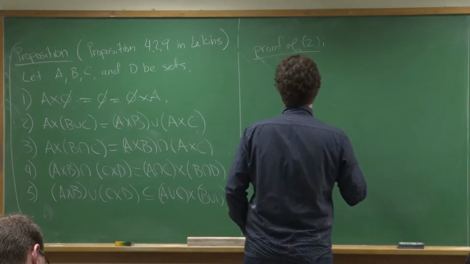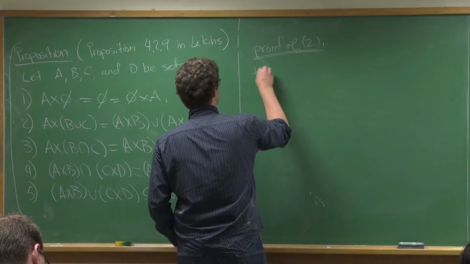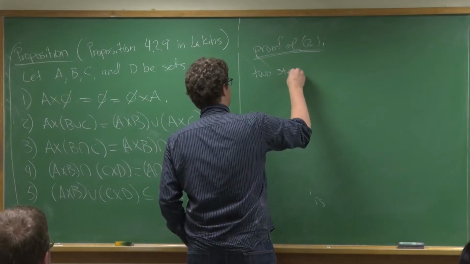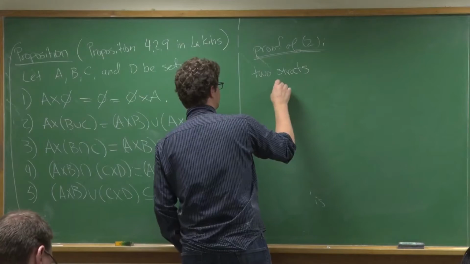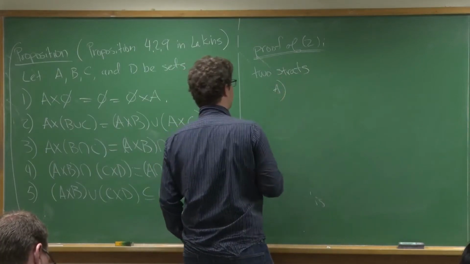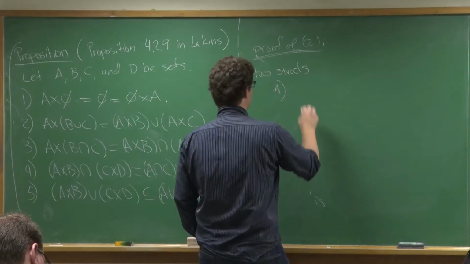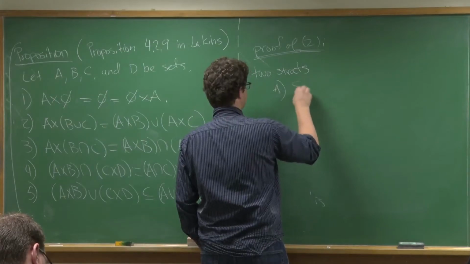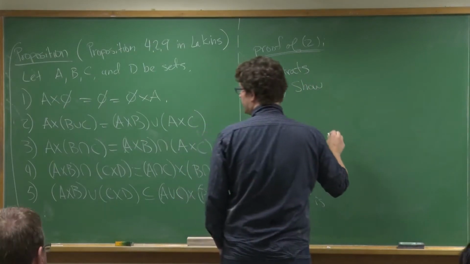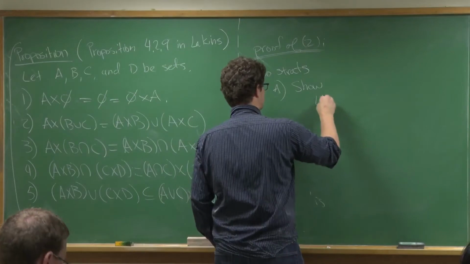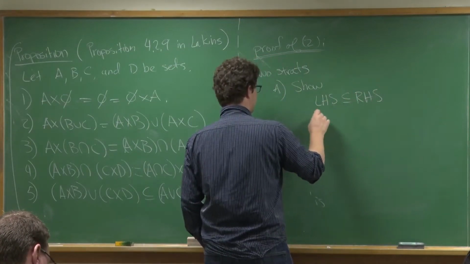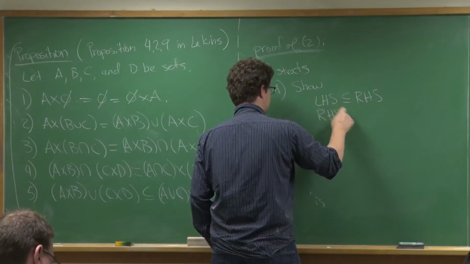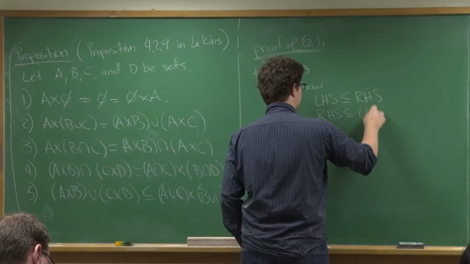So there's two strategies. The first strategy could be to show that they're equal as sets. Show that the left-hand side is a subset of the right-hand side, and the right-hand side is a subset of the left-hand side.